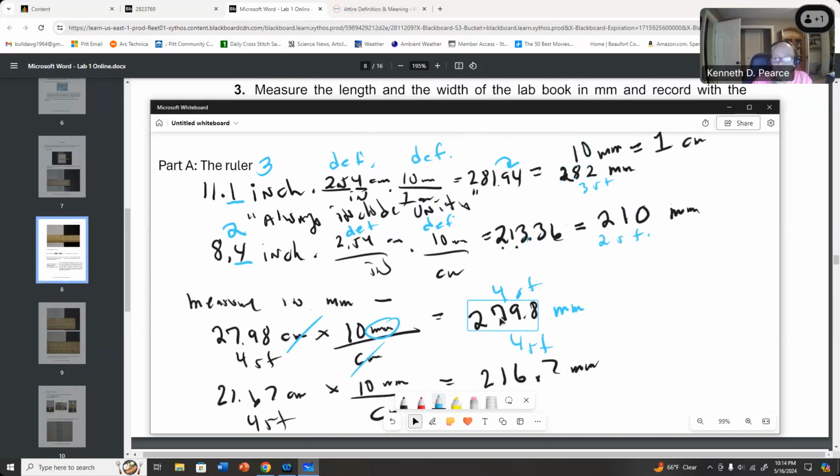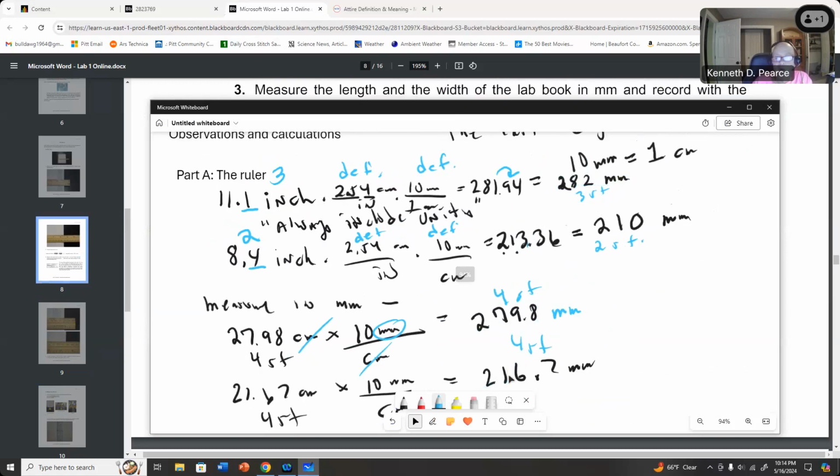Instead of being 2, let's round the 3. That would be 280. This is 282, so it's slightly bigger in the long direction. And then we look down here, and this should be 220 if we had 2 sig figs, so it's actually a little bit shorter. Measuring directly is actually a little bit bigger than the millimeters that we calculated.